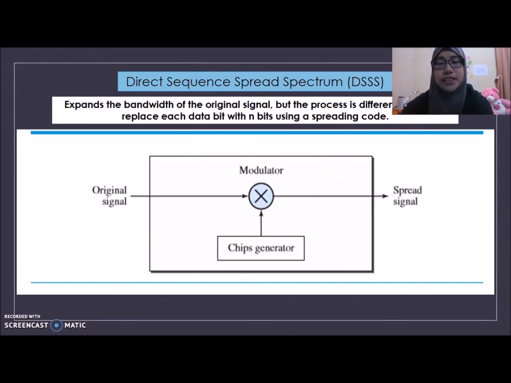In other words, each bit is assigned a code of n bits, which are called chips, where the chip rate is n times the data bit rate. As an example, we consider the famous Barker sequence used in wireless LAN, where n is 11, and we assume that the original signal is as shown, and the chips in the chip generator use polar NRZ encoding, and then we multiply the original data by the chips to get the spread signal.